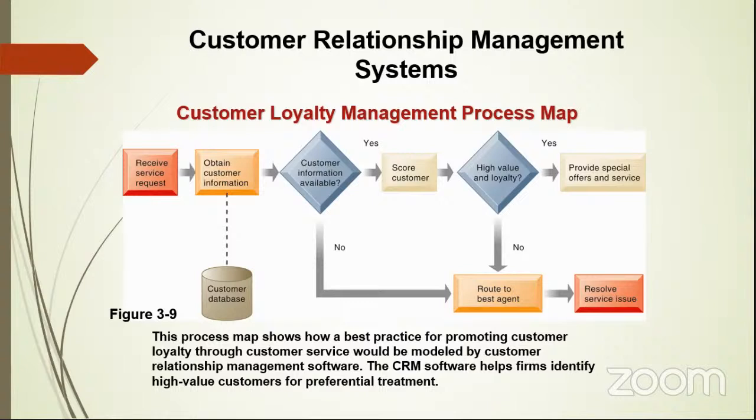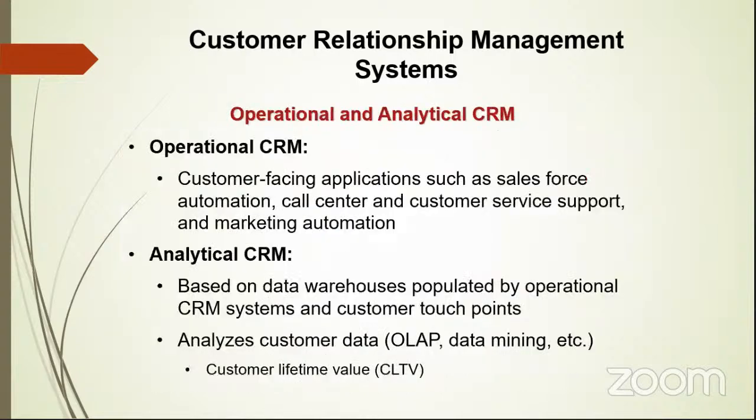Why? Because if you put the customers that are most profitable to the business with the best agents, then they're likely to be retained. You always want to do that so that you resolve their issues as quickly as possible. Because if you make sure you treat the best customers well, you'll always have a business. Next slide.